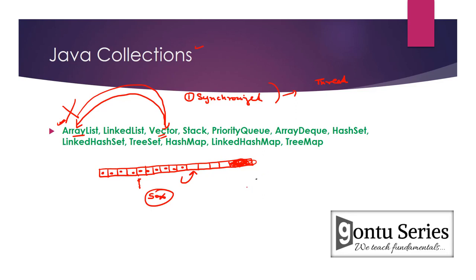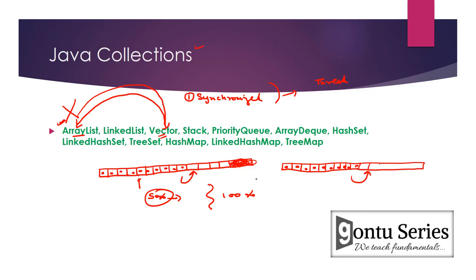So this is what happens in case of an array list. Now in case of a vector, what happens? The 50% we observed in array list is exactly 100% in a vector. That's it, nothing more. So if you have a vector which has space for 10 elements, 1, 2, 3, 4, 5, 6, 7, 8, 9 and 10, and you fill up all the spaces and you try to add one more element, then behind the scenes the JDK is going to increment the capacity of the vector by 100%.